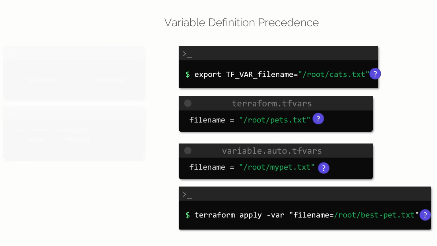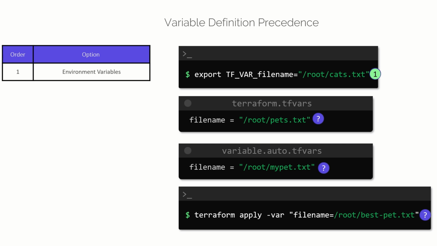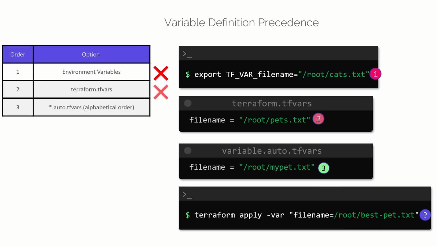Terraform follows a variable definition precedence order to determine this. First, it loads the environment variables. Next, the value in the terraform.tfvars file. This is followed by any file that ends with the .auto.tfvars or .auto.tfvars.json in an alphabetical order.